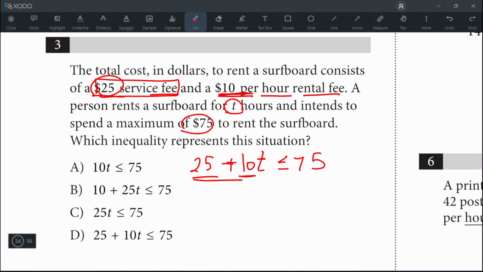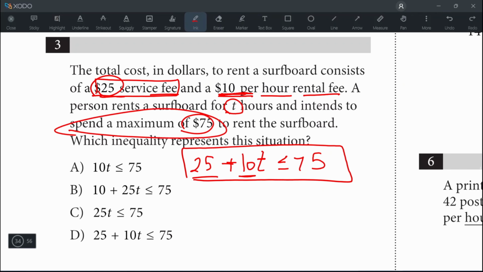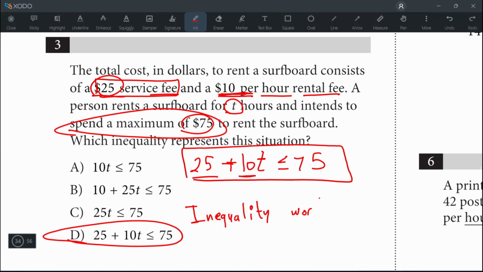And that will be our equation. Sorry, our inequality in this case, because we cannot spend more than $75. So the answer to this question is choice D. And this question is examining inequality. It is an inequality word problem.